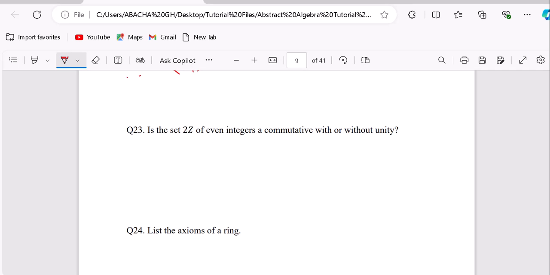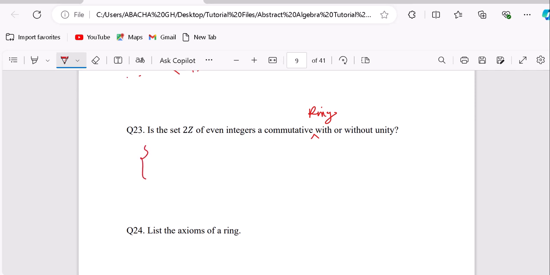They are saying, is the set 2z of even integers a commutative ring? I think it should be a commutative ring with or without unity. So I think they wanted to ask that question. Let's see what the elements of 2z are.